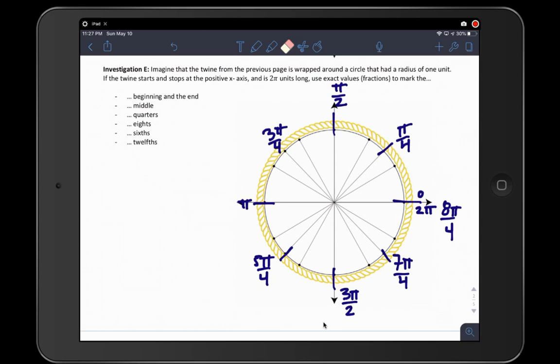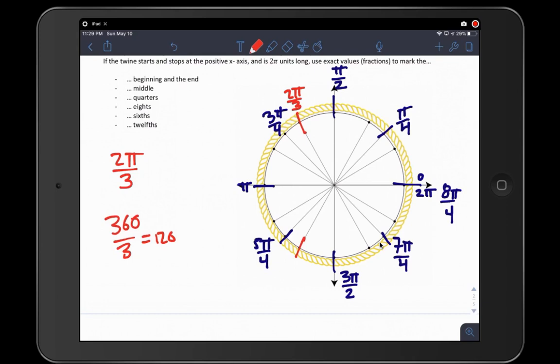All right, so let's now go through and we will do the thirds. All right, so remember the thirds were right here. This was our pi over, we're taking 2 pi, right? 2 pi is the whole thing, and we're dividing it by 3, just like we would have done 360 divided by 3.